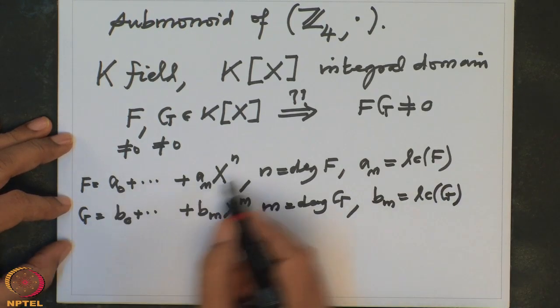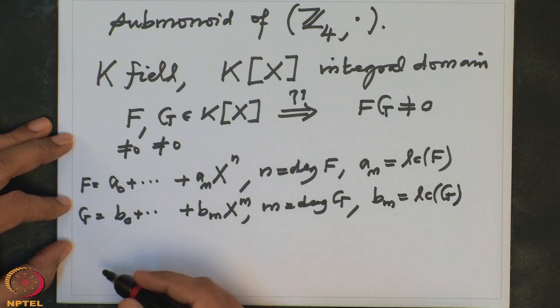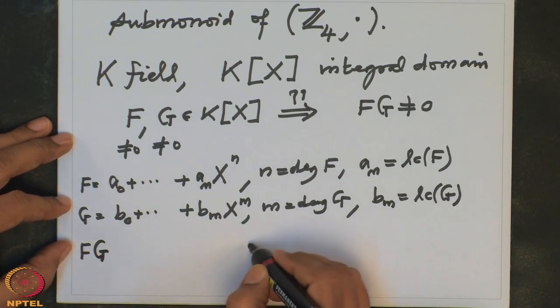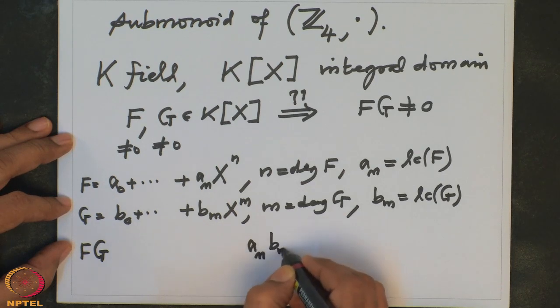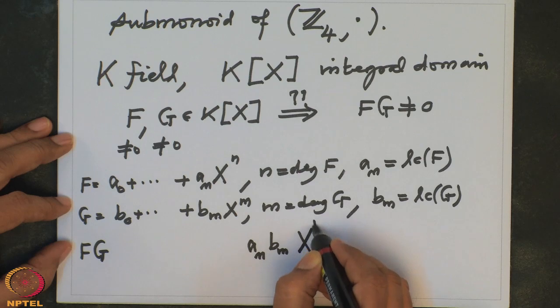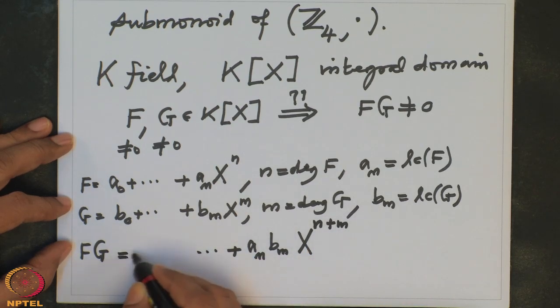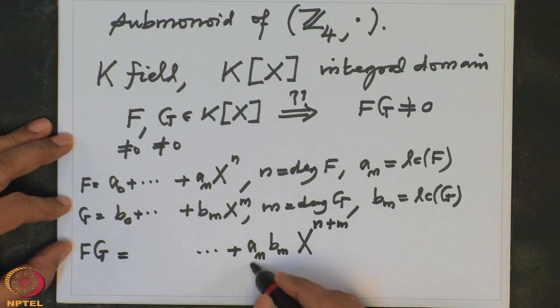Our multiplication will tell us that f times g, the top degree term will be precisely an bm times x to the power n plus m plus the lower degree terms. So this is the highest degree term.